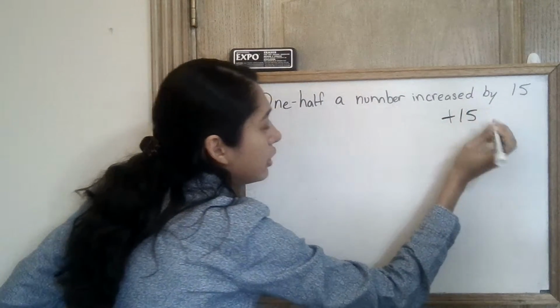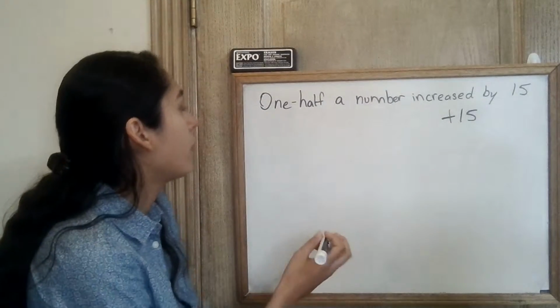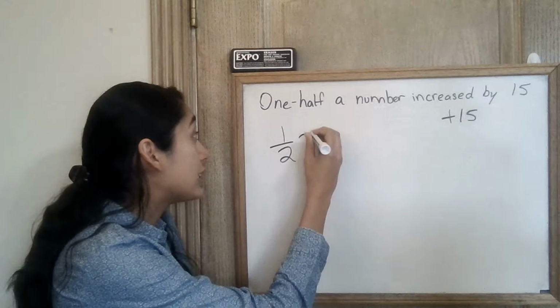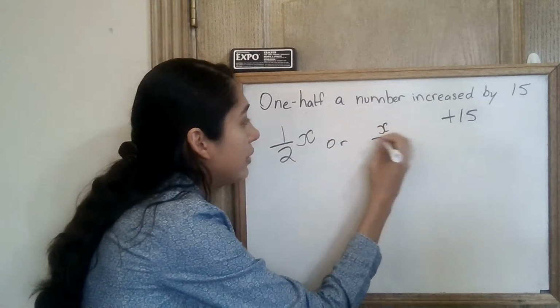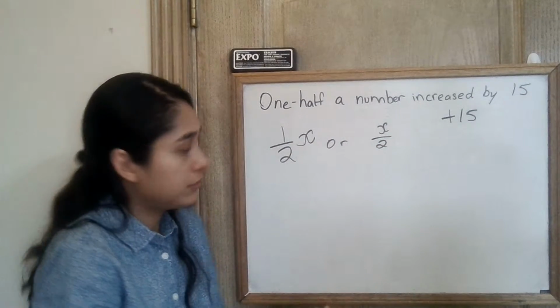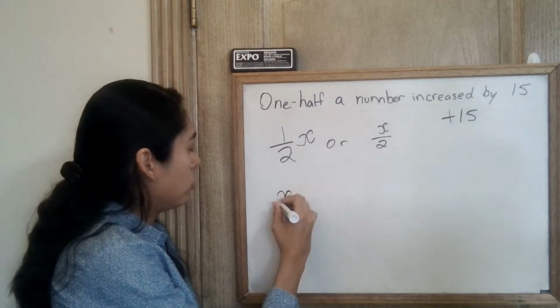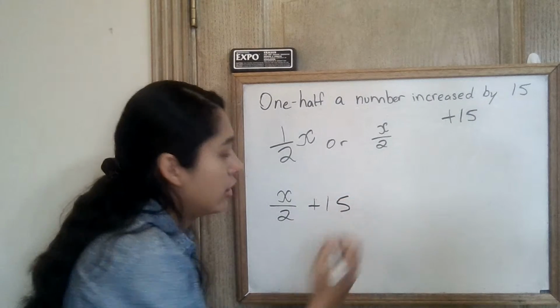So right now I know there's going to be a plus 15. So one half of a number, I can write as one half x or x divided by 2. Take your pick. So I'll just write it as x over 2 plus 15.